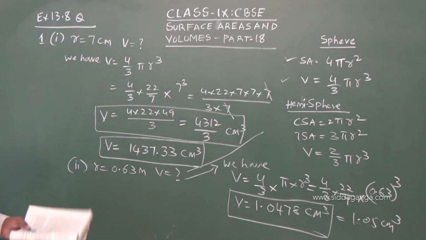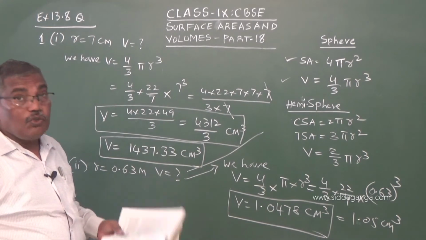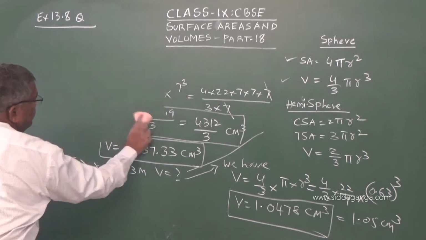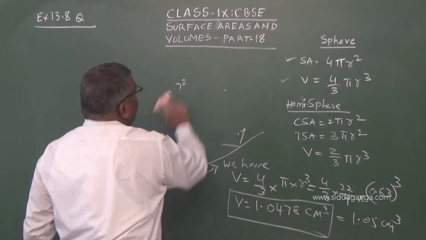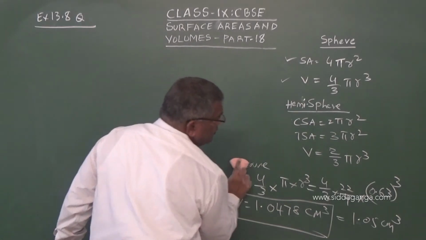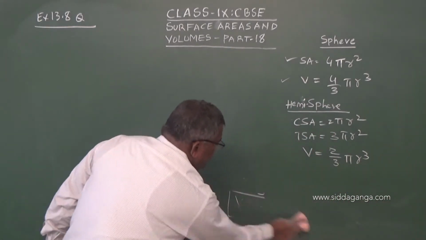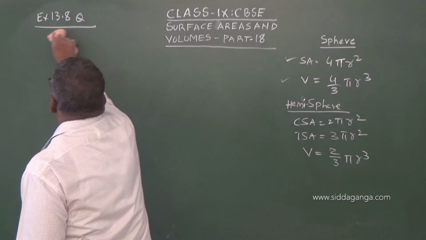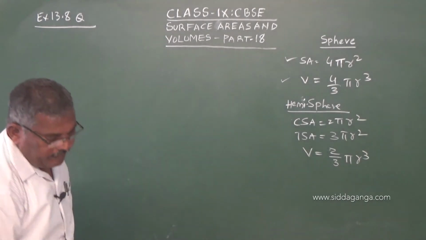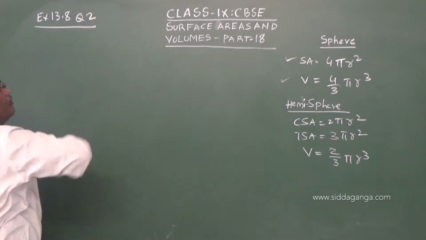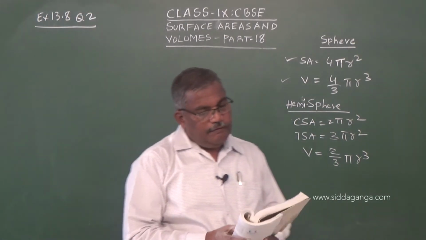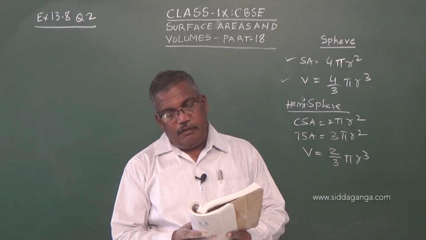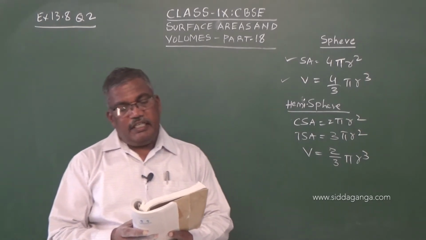So now I will move on with question number 2. Question number 2 in 13.8. Find the amount of water displaced by a solid spherical ball of diameter 28 centimeter and 0.21 meter.